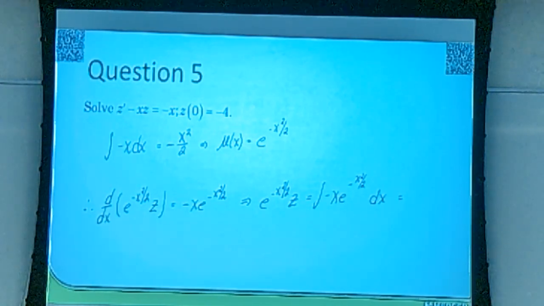You'd have to add 1 to that, right? So we would have over negative. It's just e to the negative x squared over 2. How'd you get it? Use substitution. Let u be negative x squared over 2. du is negative x dx. So look, you have negative x dx. Plus your constant.